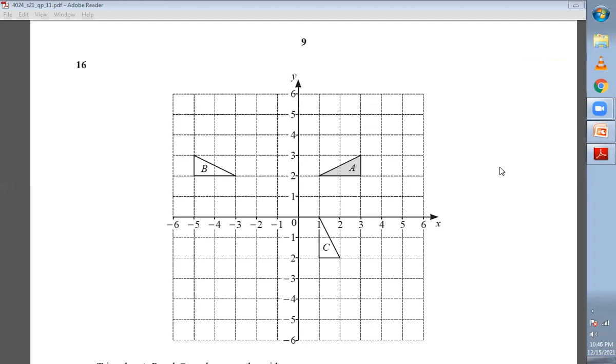I hope you understand how I differentiate between reflection and rotation.